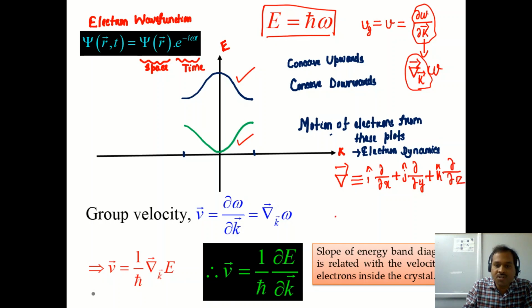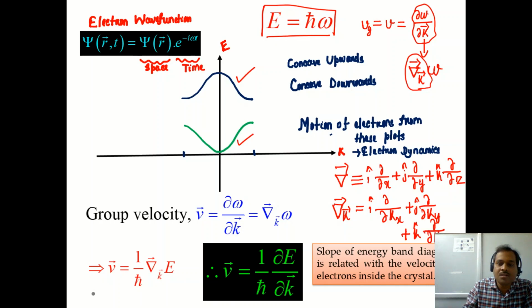Similarly, in the reciprocal space, we can represent this gradient del_k as i cap del by del kx, plus j cap del by del ky, plus k cap del by del kz.